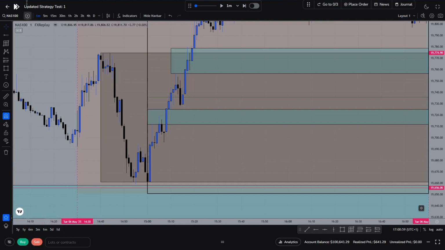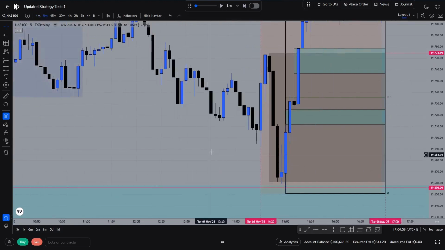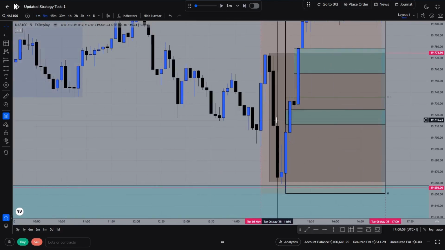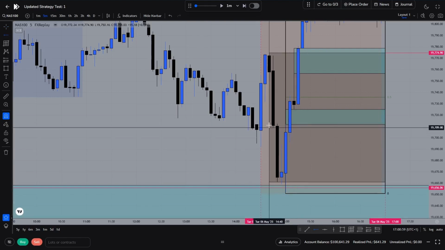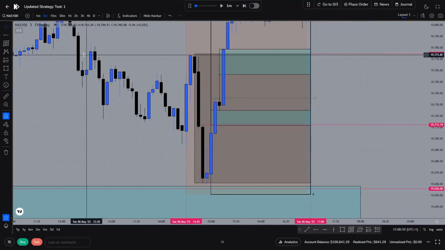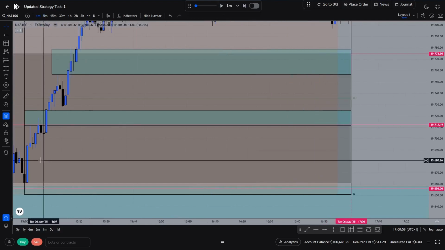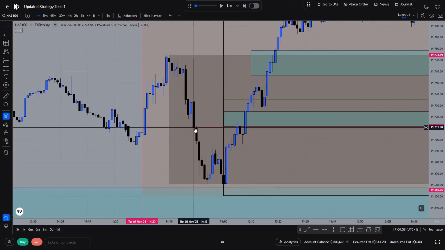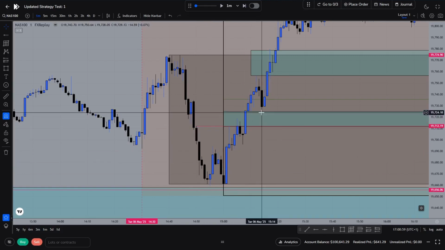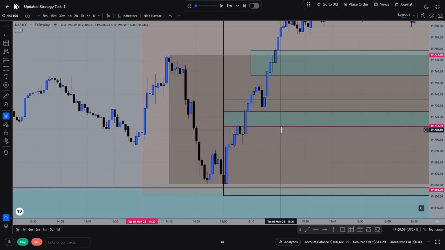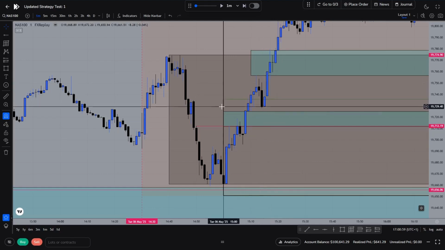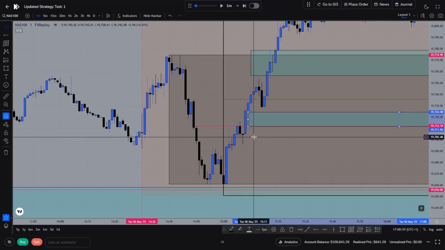And price swept. See on the 5 minute. Does this count as a break of structure? Let's see the 1 minute. Break of structure on the 5 minute, even behind this FVG. Never even got to tap back into this FVG either. Did we?